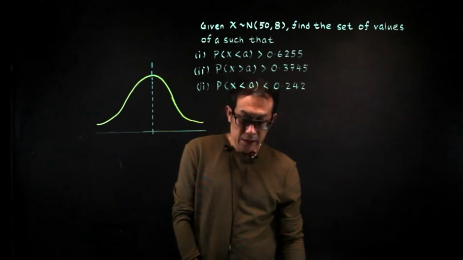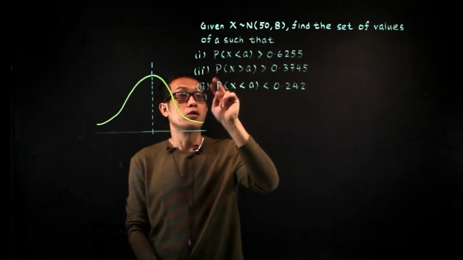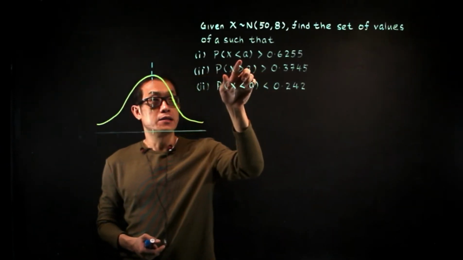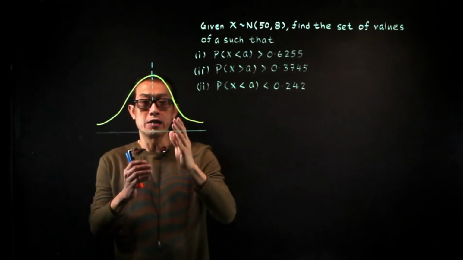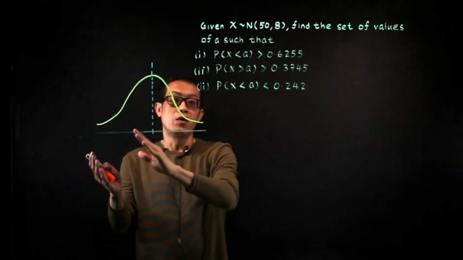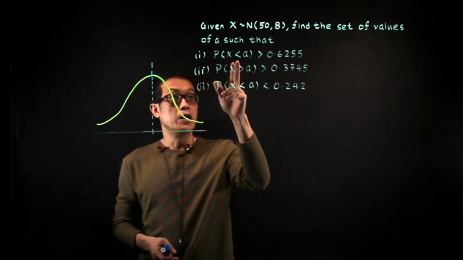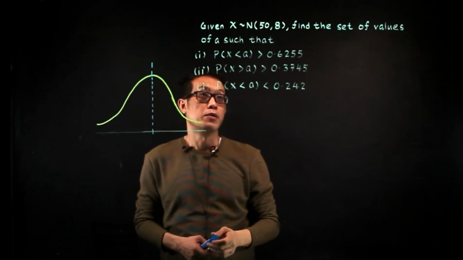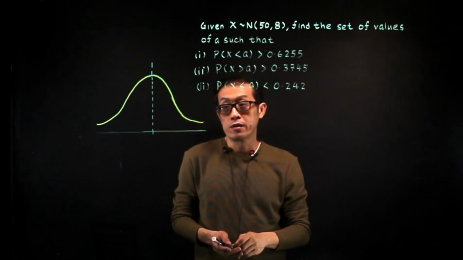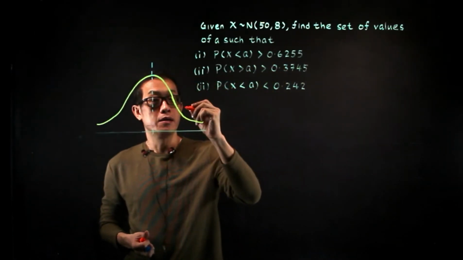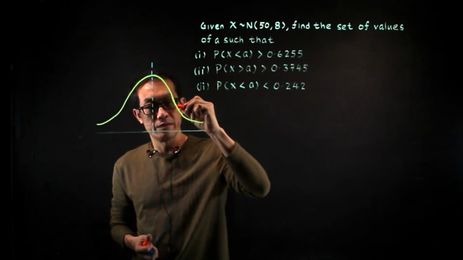You notice that there are two inequalities here. Let's determine where the location of A is, whether it is on the left or on the right side of the bell curve. x smaller than A is greater than 0.625. That means A has to be on this side of the graph.